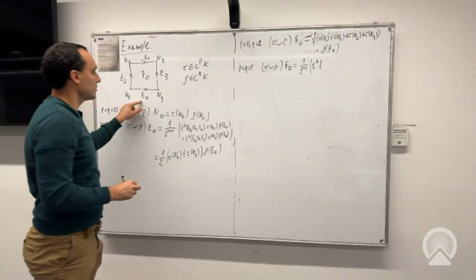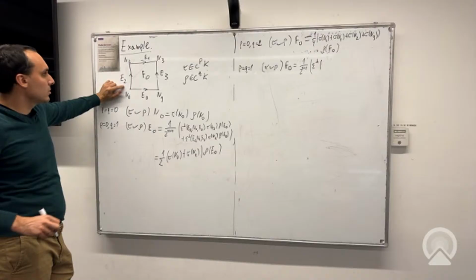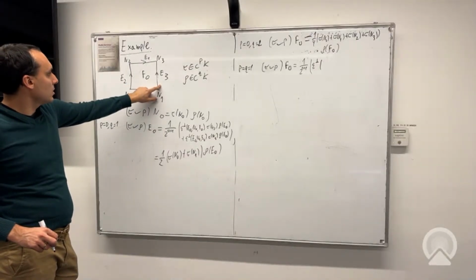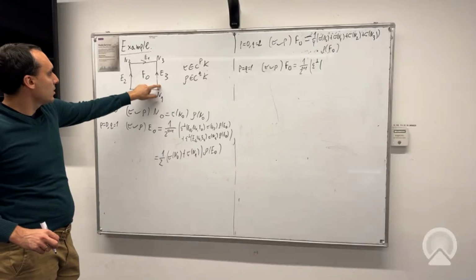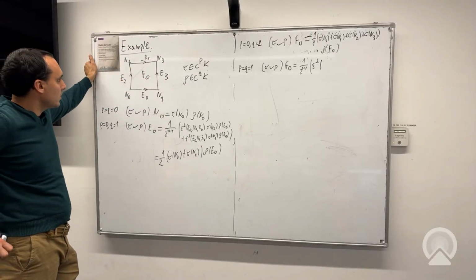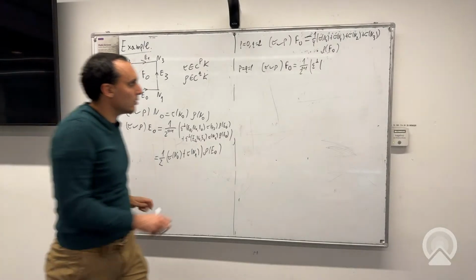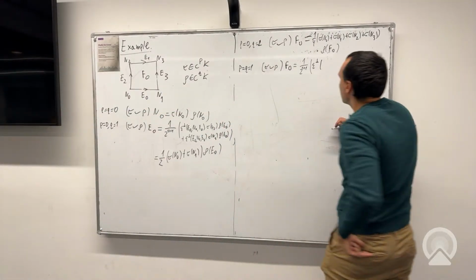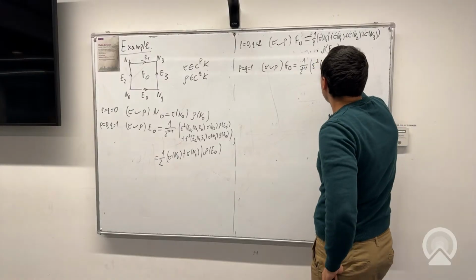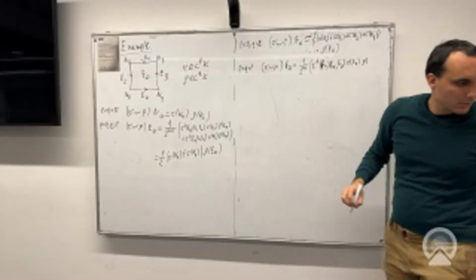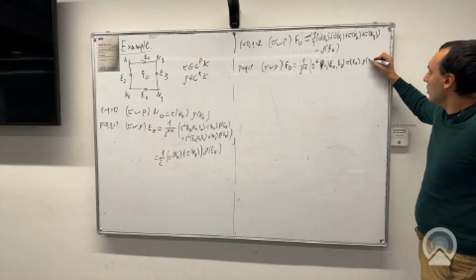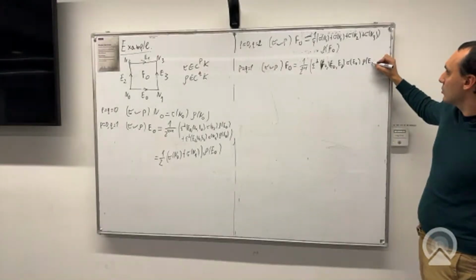We have E0, E2, E0, E3, E1, E2, E1, E3, but then we have in the opposite directions. Something is off. Maybe this is normal. I'm not sure. So this will be 0 times rho of E2.